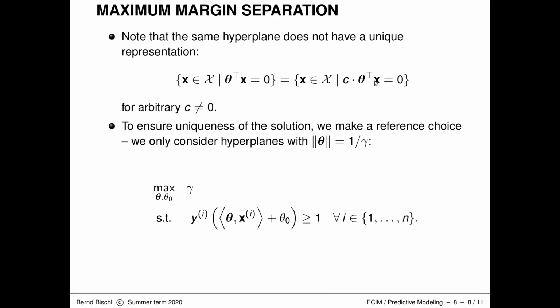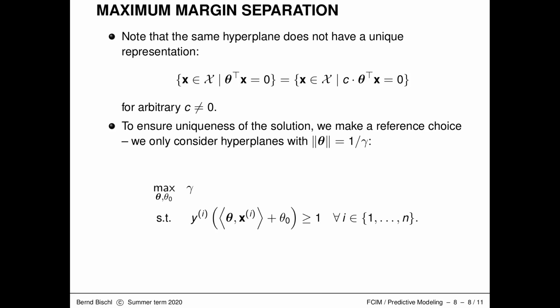And if you now multiply your algebraic representation of the hyperplane with this constant c, and you assume that it is not zero, then you will arrive at exactly the same set of points. So there is an infinite amount of different algebraic representations which all encode the same hyperplane, and which, for that reason, all have the same quality in terms of the optimization problem. And that seems a little bit inconvenient.